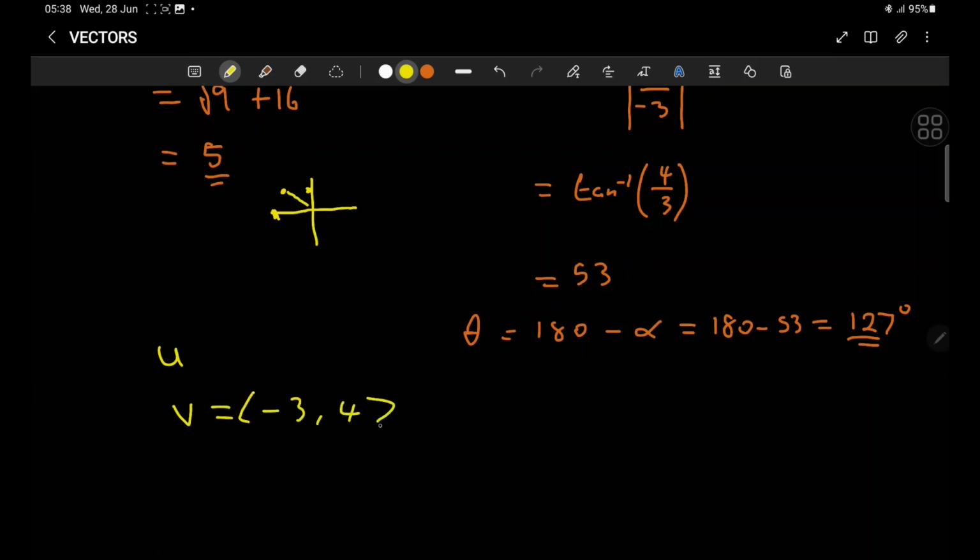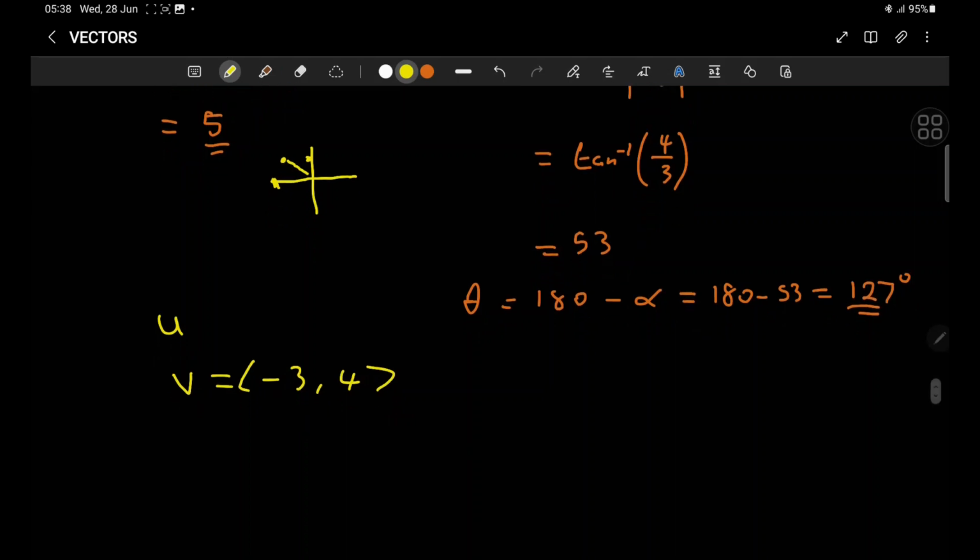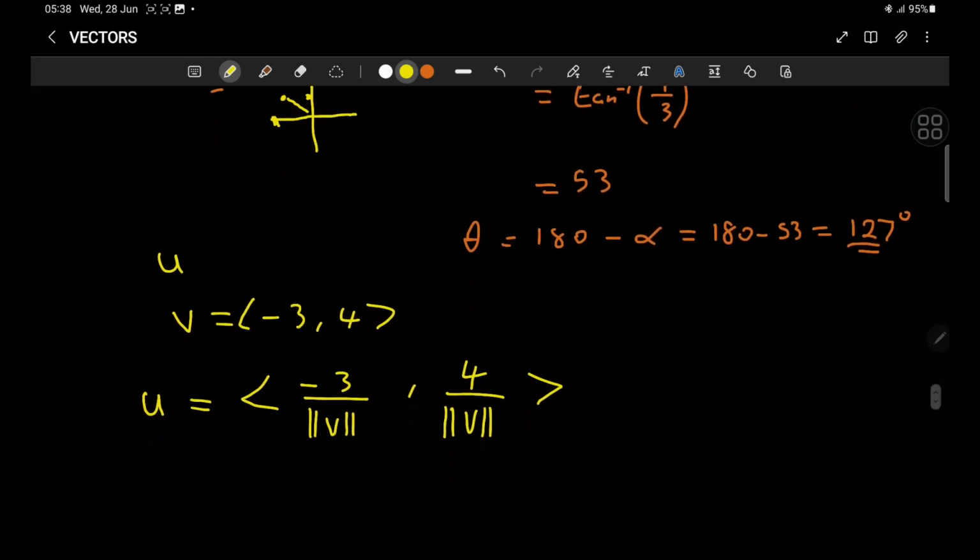So to get the unit vector u, we divide negative 3 over the magnitude we found for v, and likewise for 4. Whatever we have is what we call our unit vector.